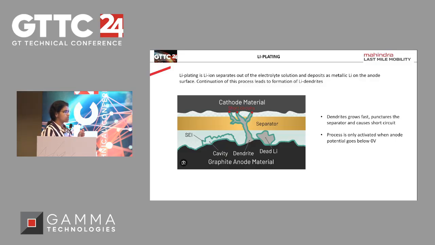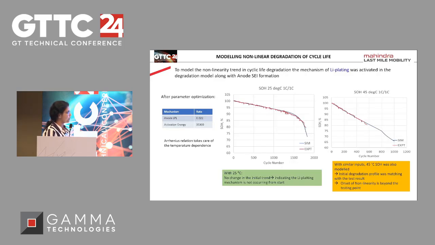So we have to understand from the external trend of the degradation when to stop, or whether the cell has reached the point where it will not be able to perform any further. After activating this lithium plating, we could see that it went into a good match with the test result, till about 80% SOH, and this was observed in the 25 degree case.